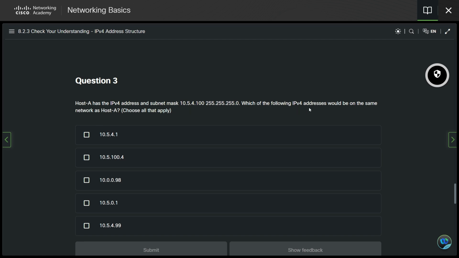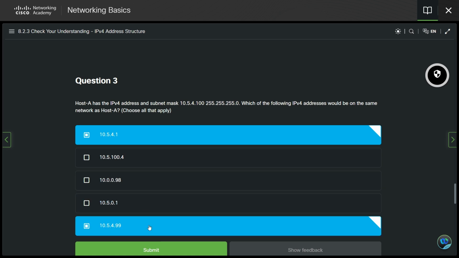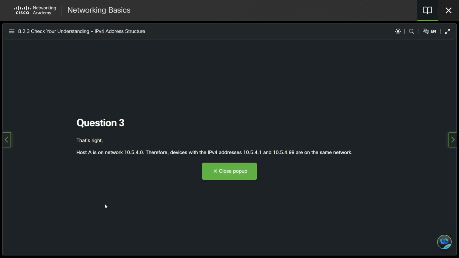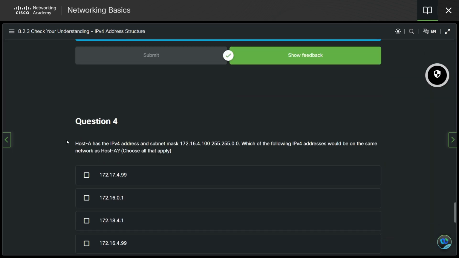Which of the following IPv4 addresses will be on the same network as host A? Choose all that apply. That's right.